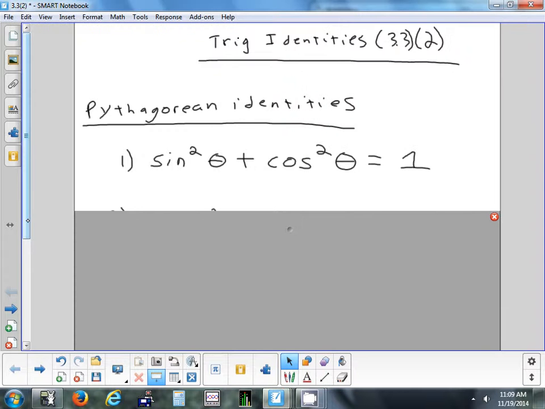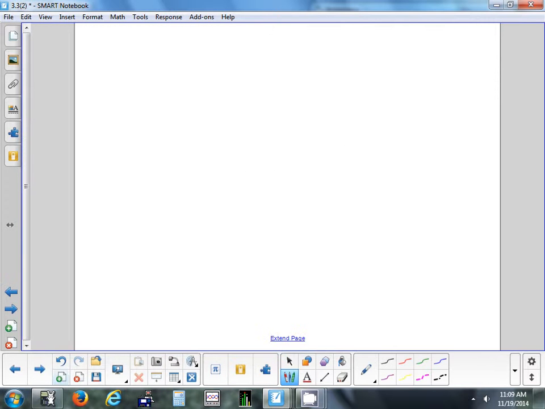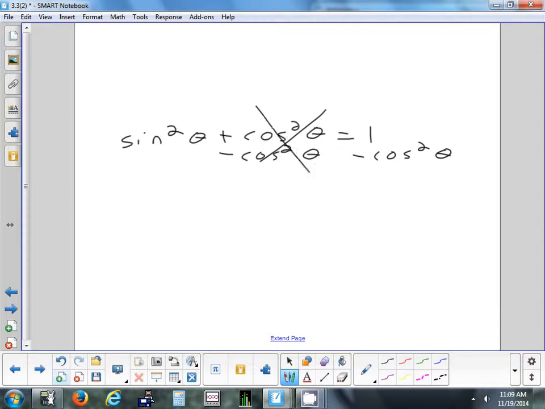Let me show you a different form of that same identity. I'm going to take and subtract cosine squared from each side. What that does is it cancels out cosine squared on the left. And now all you have is sine squared, and that's equal to 1 minus cosine squared.